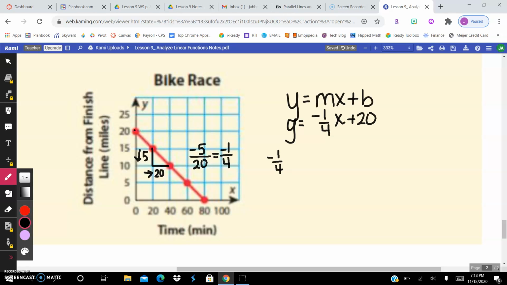So we have to say what that means. Well, I'm going down 1. My y is distance from the finish. So 1 mile from the finish, or I'm closer 1 mile to the finish line every 4 minutes.